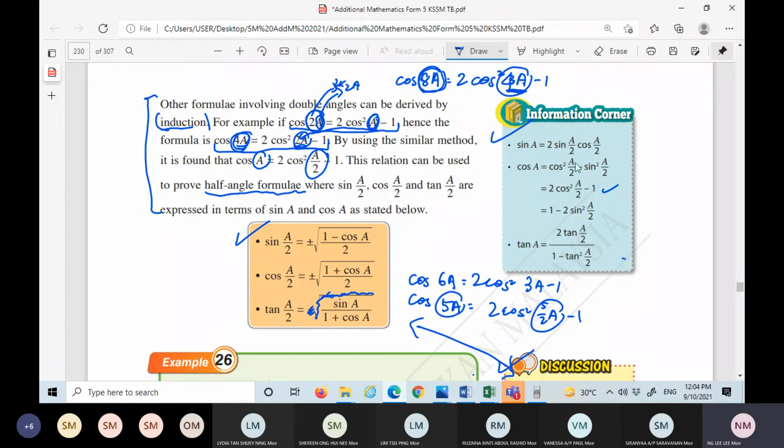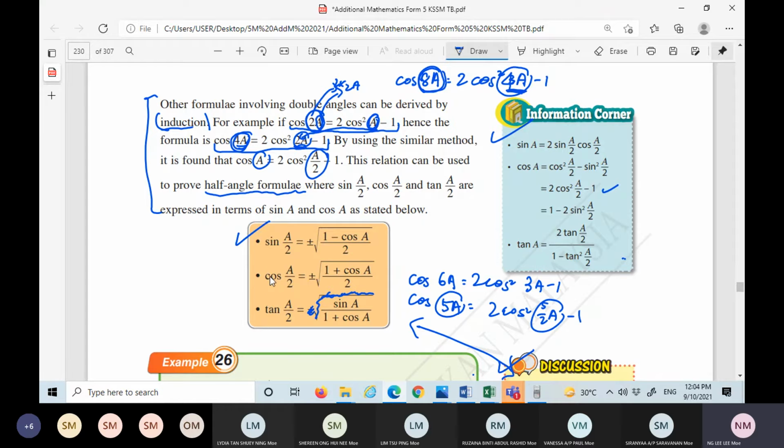Then from this half angle formula, they have this. I think I don't want to prove it to you. This one I don't know whether we use it or not, but it looks like seldom.